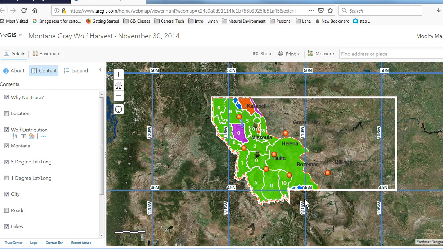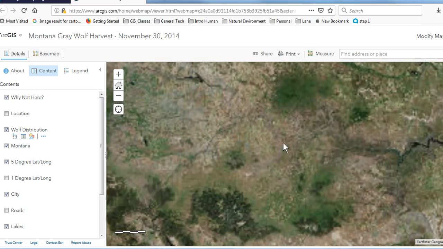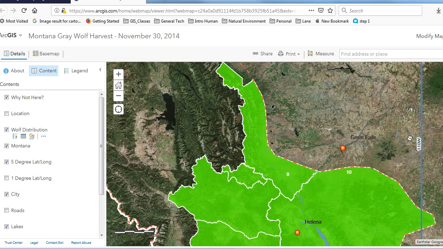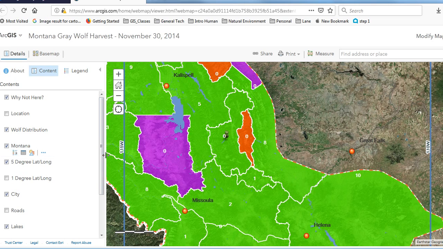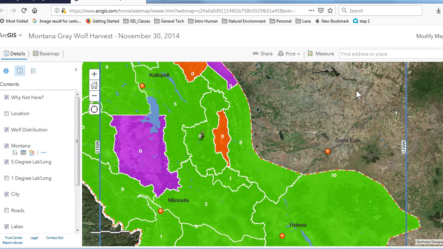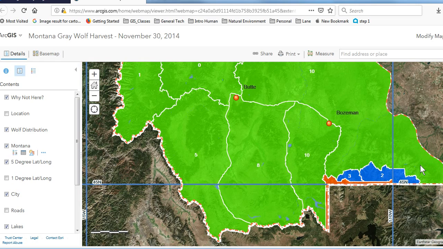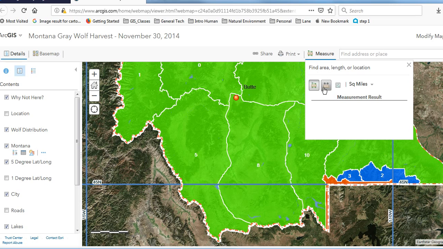And so the question was, if you were to travel from 110 west longitude to 115 west longitude, what would that distance in miles be? And so the closer you zoom in, the better. So I'm going to go ahead and I think I set it 115, so it's 45 degrees. I'm going to open up the measure tool.